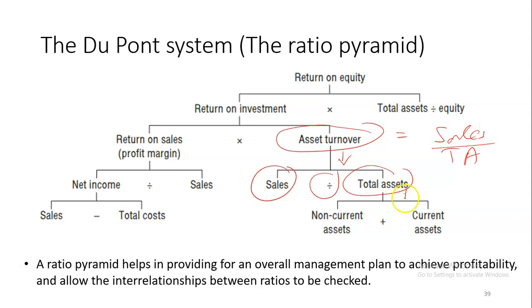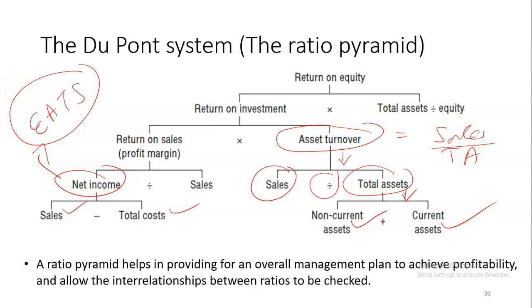And when you talk of total assets, if you go down the pyramid, you can see that total assets is non-current assets plus current assets, right? When you talk of net income, we are saying sales minus total cost. Then we get the net income. And this net income is what we have been referring to as the earnings attributable to shareholders. Are we together? So that's how you use the DuPont system.